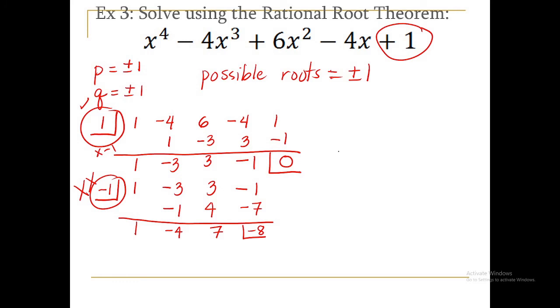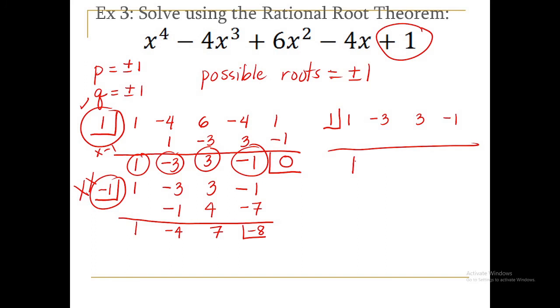Okay? Now, let's continue. So, I will synthetic first. We have 1, -3, 3, and -1. Let's have +1 there. Bring down 1. Multiply, that's 1. This is -2.